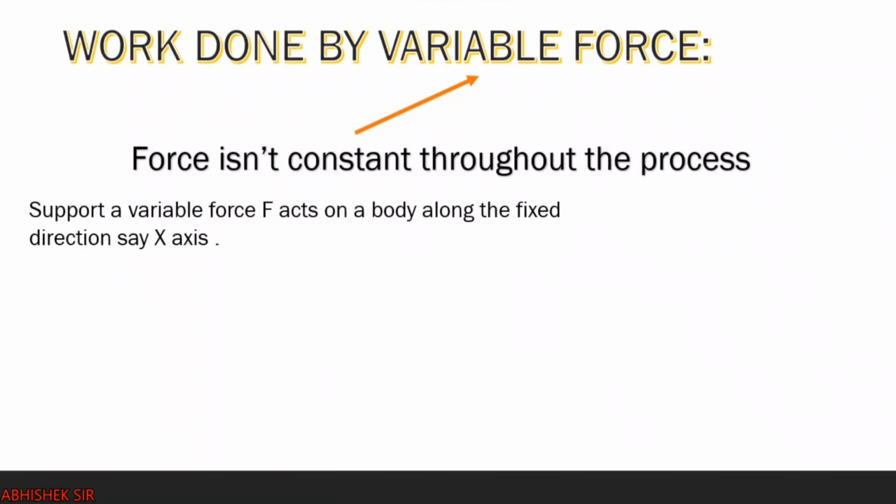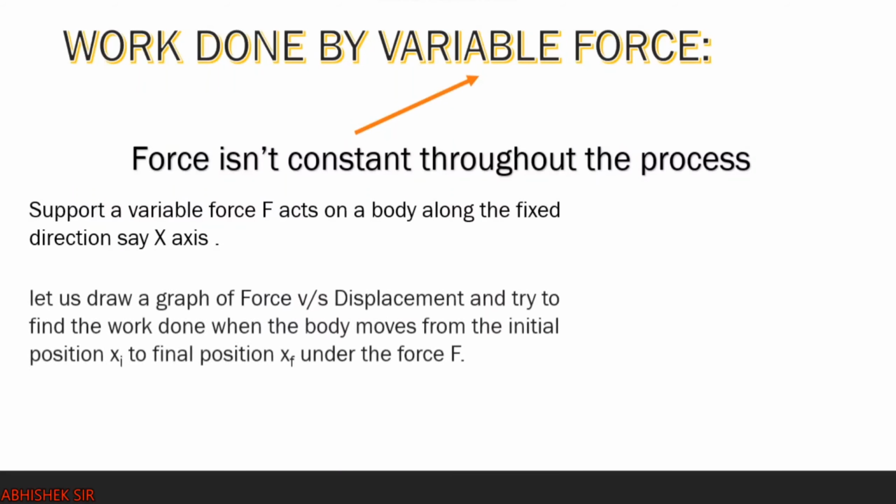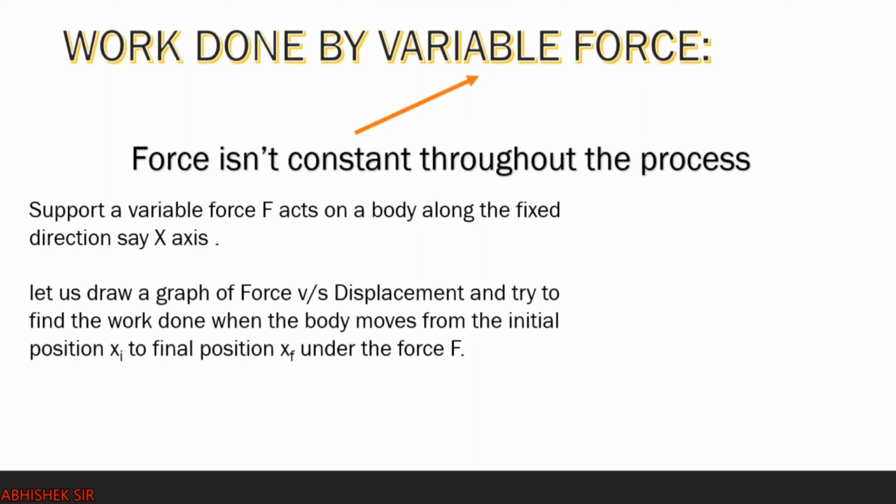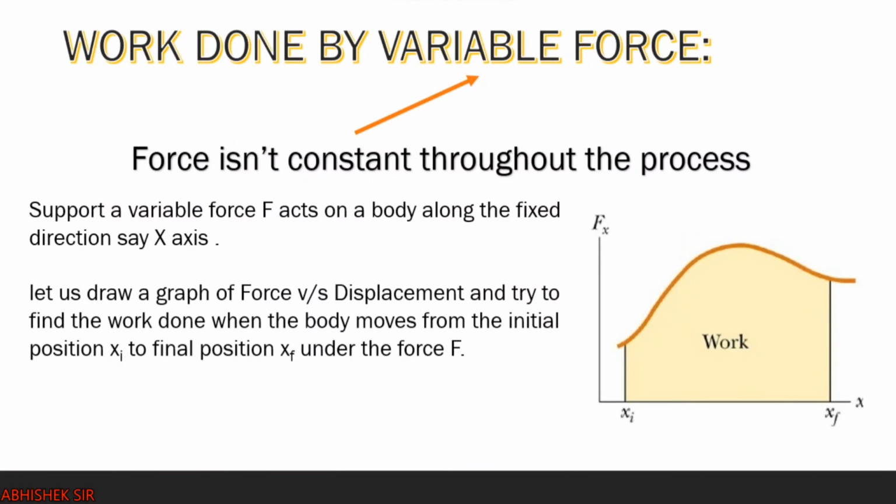So let us suppose a variable force F is acting on a body along a fixed direction, say the x-axis. Remember, variable force F. Let us plot a graph of force versus displacement, and then we'll try to find the work done. We will assume that the initial position was xi and the final position was xf, and this displacement from initial position to final position is done under the force F. So here is the graph.